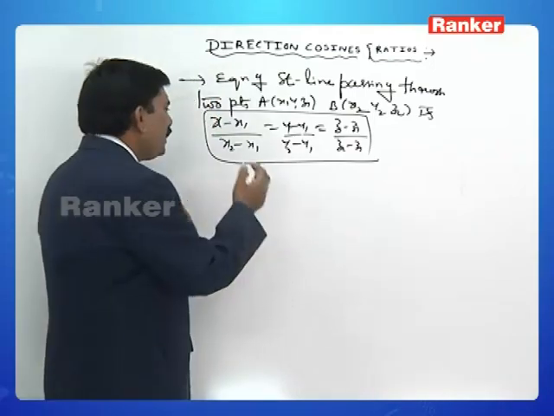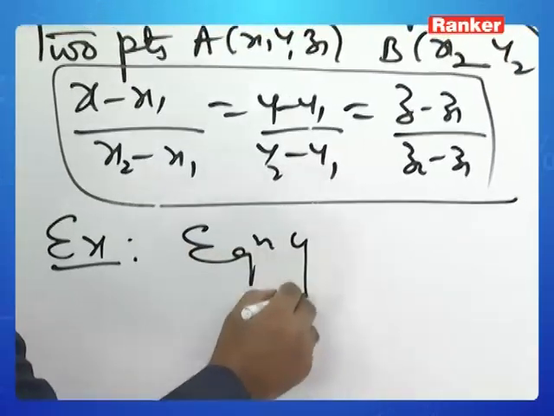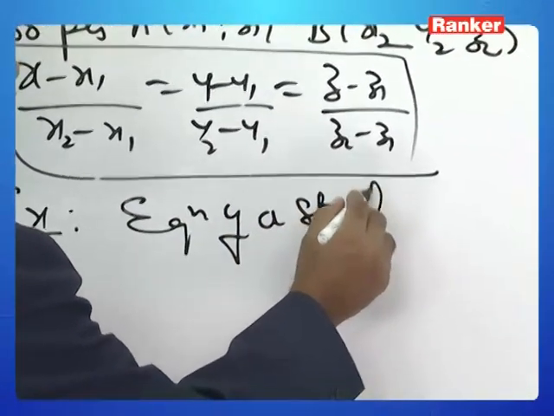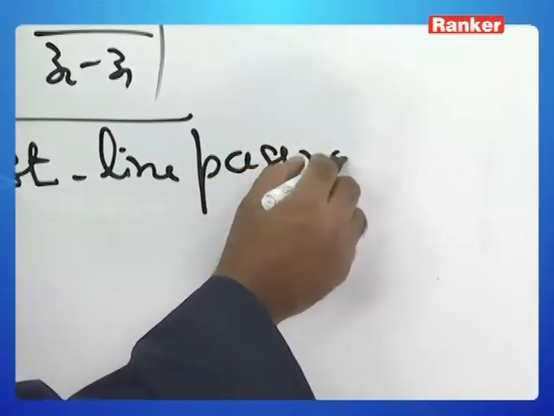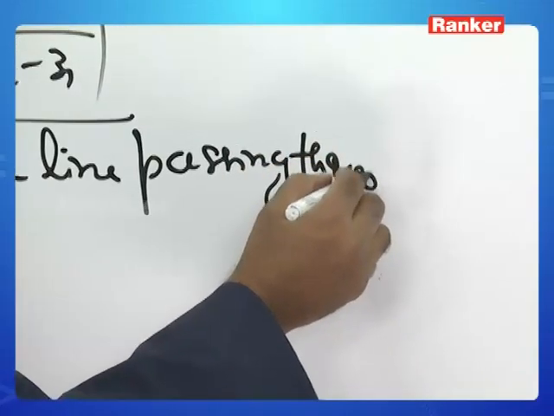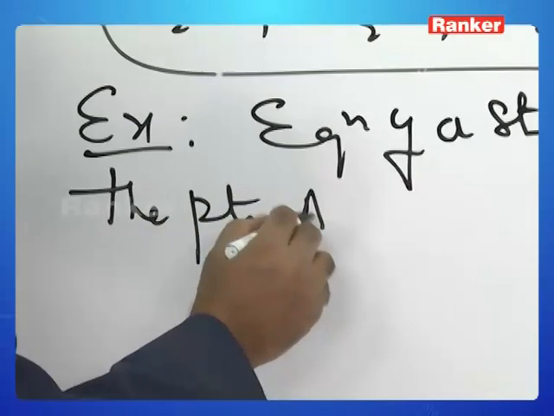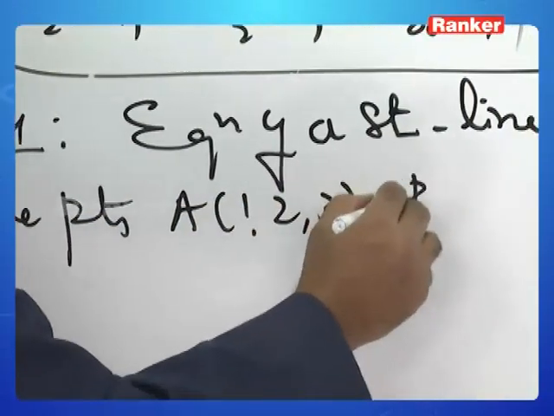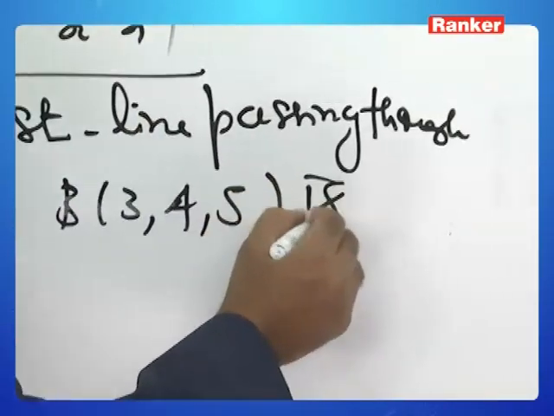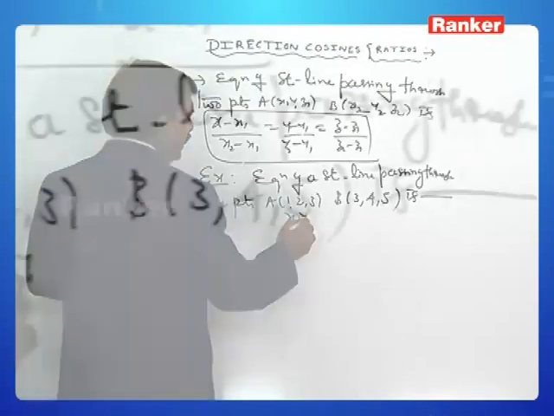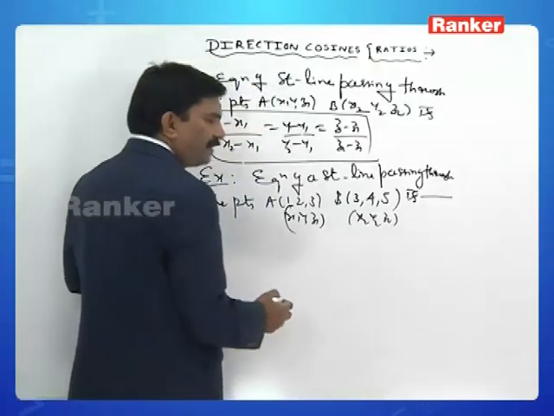So therefore, let us take an example on this. The equation of a straight line passing through the points A of 1, 2, 3, B of 3, 4, 5 is dash. Let us take this point as x1, y1, z1 and this point as x2, y2, z2.